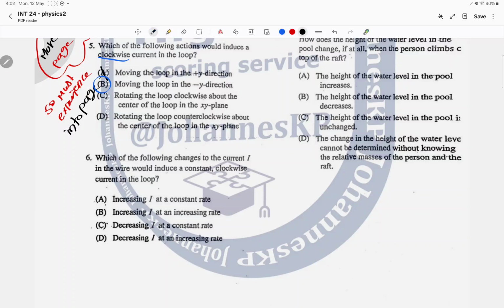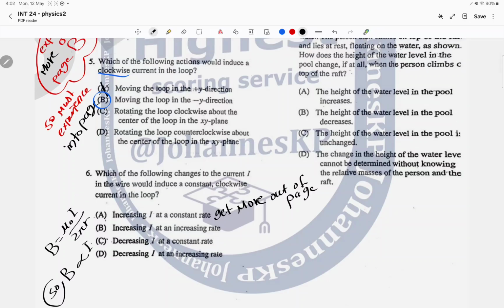You would get more out of the page. How would I know? Because B is equal to mu I over 2 pi r. So B is directly proportional to I. So more I means more field. And the field we already know is already out of the page. You get more out of the page.